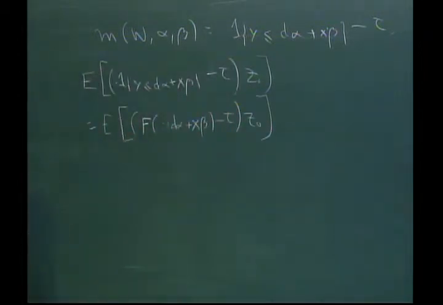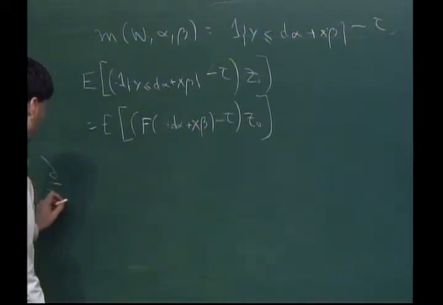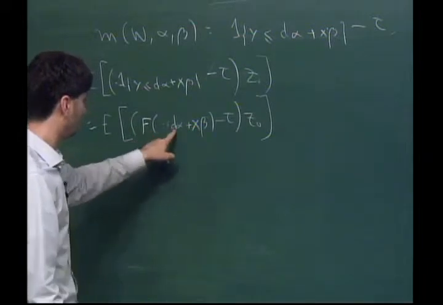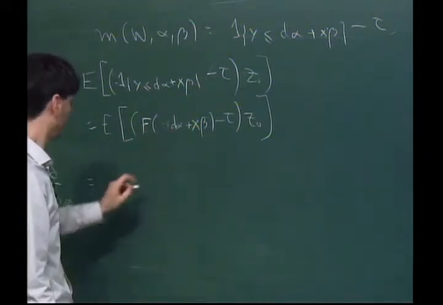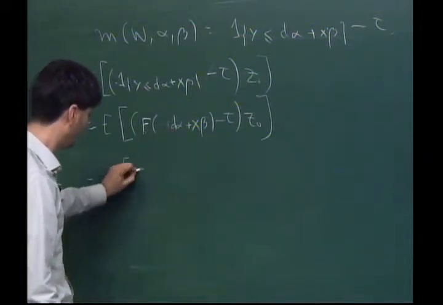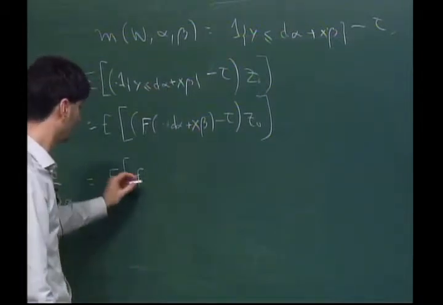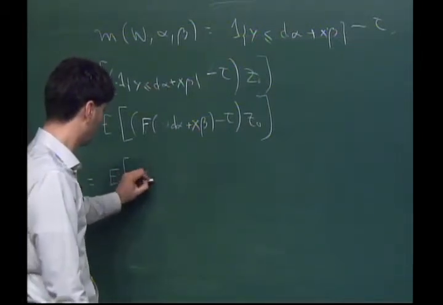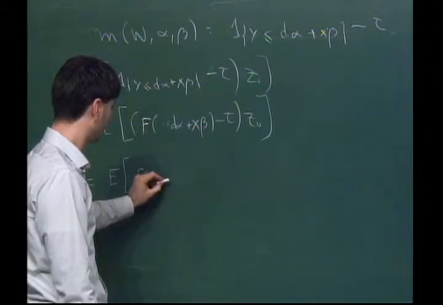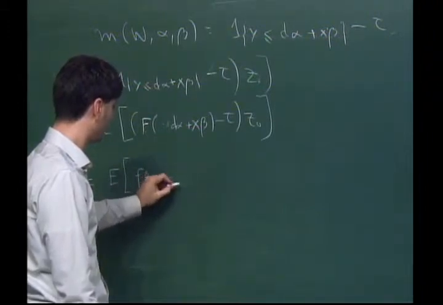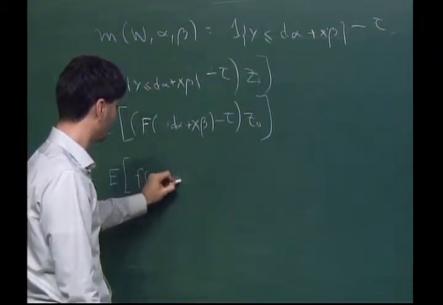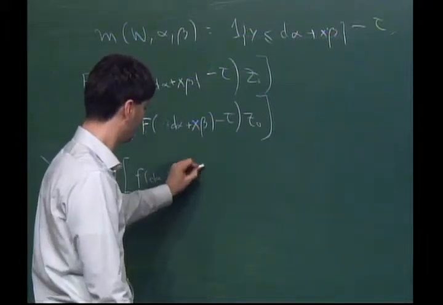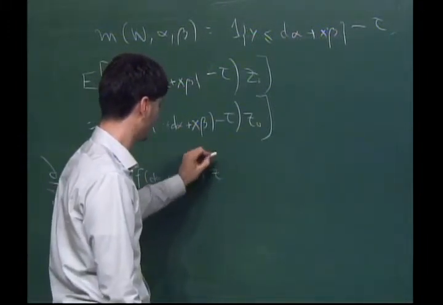Now we need to take derivatives with respect to each one. The derivative with respect to alpha gives us the derivative of F, which is little f, the density function, evaluated at d alpha plus x beta, times d times z.